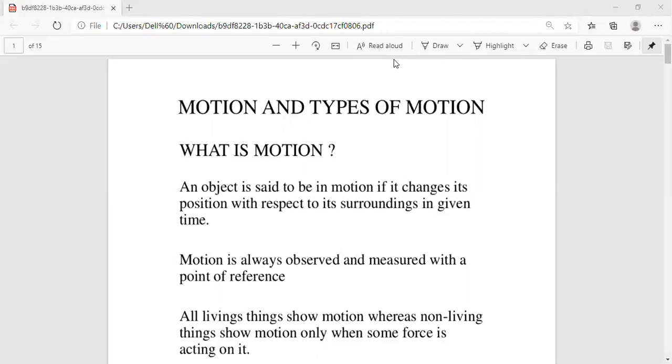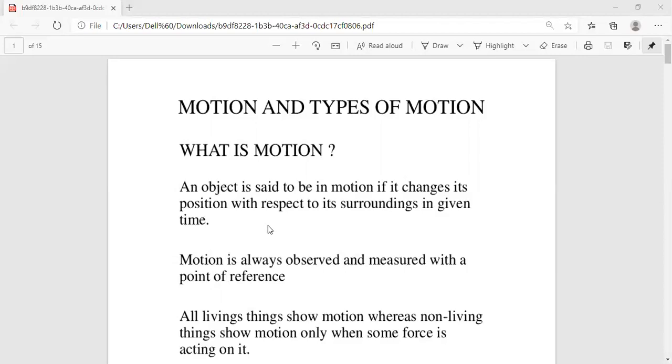And children, on the other hand, if an object does not change its position with respect to time, it remains at only one place, then the object is said to be at rest. So this is the definition of when we say that an object is moving and when we say that an object is at rest.